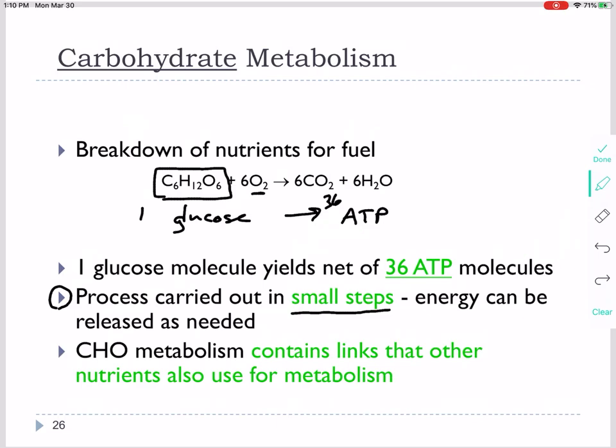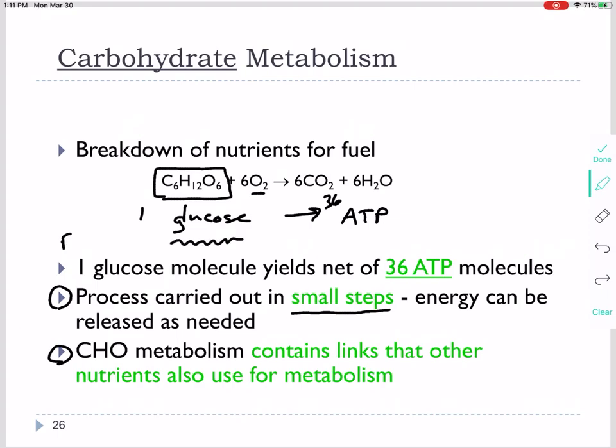So if we were to do energy production in big whopping chunks, let's say we produce 20 ATP all at once, and then the next step we get to 36, we're likely to produce more than we can use, and then we've wasted energy using ATP that cannot be stored. So because we can't store ATP, we have to produce it in small steps so we can produce exactly what we need as not to waste.